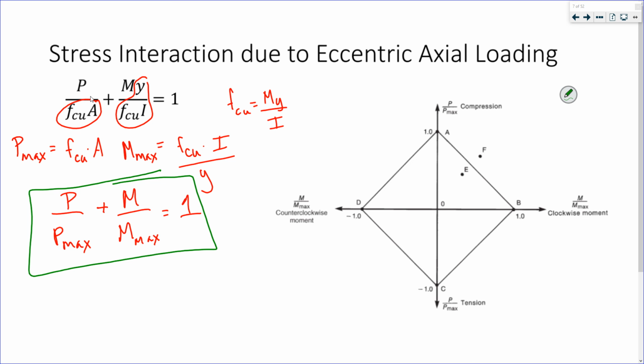Now remember, this is a homogeneous elastic material that fails the same in compression as it does in tension.